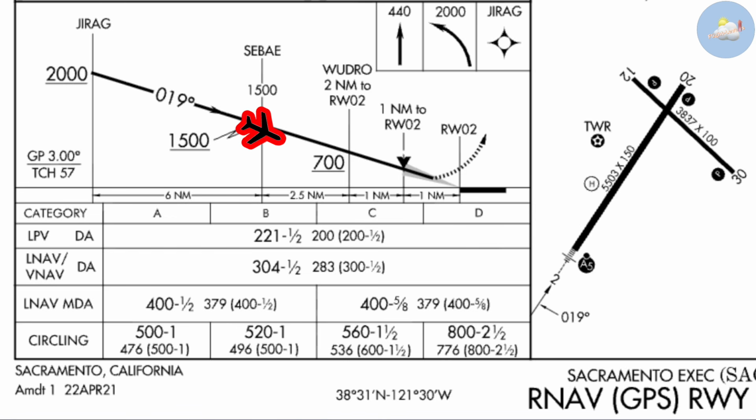So this means that if you were to follow this approach as a non-standard approach using just the LNAV minimums, and you were to pass the final approach fix of Seabay, and then go down to 700 feet to Woodrow, and then past Woodrow, go down to your MDA of 400 feet.